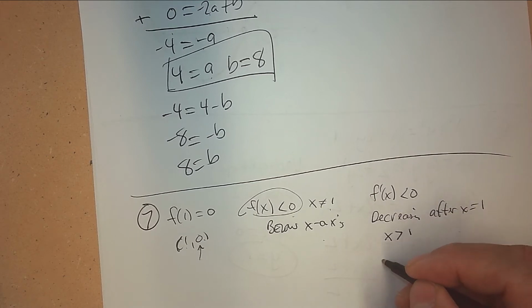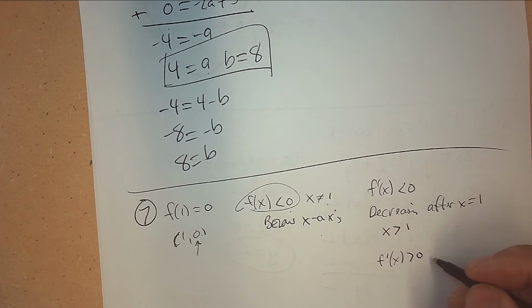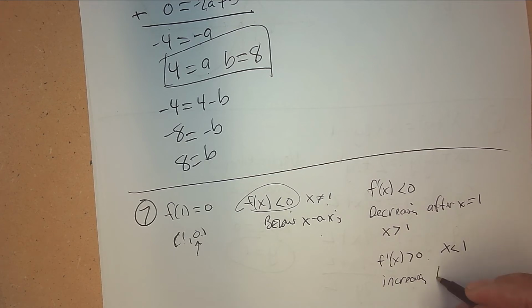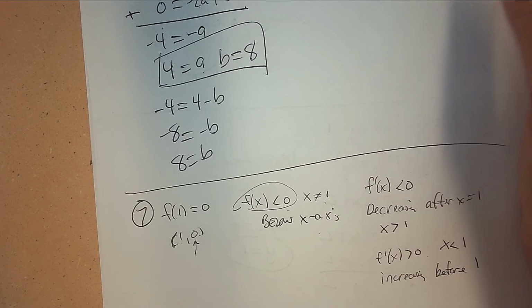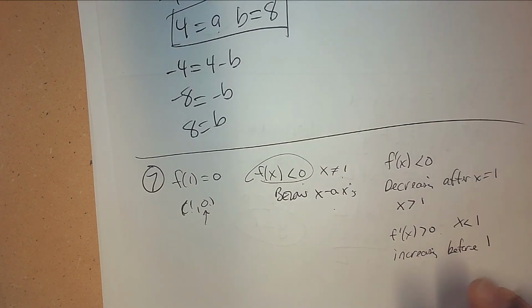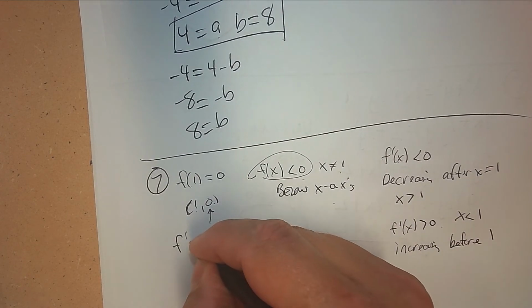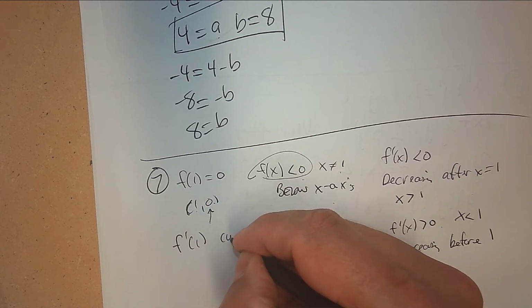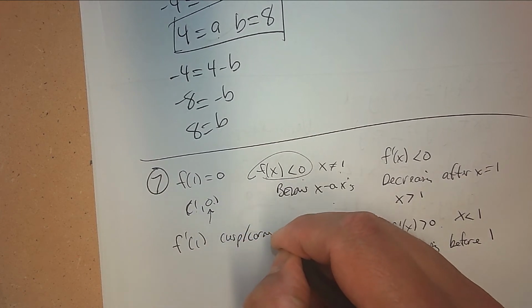The derivative is positive, so it means it's increasing, when x is less than 1. So before 1, it's increasing. It says the derivative doesn't exist at 1, which probably means there's a cusp or a corner because it's continuous.